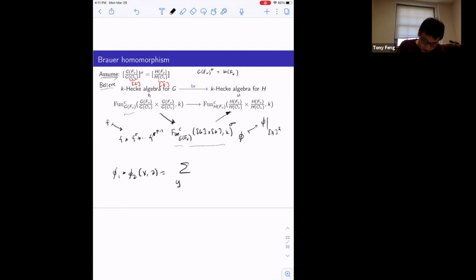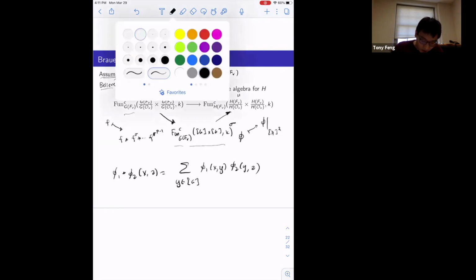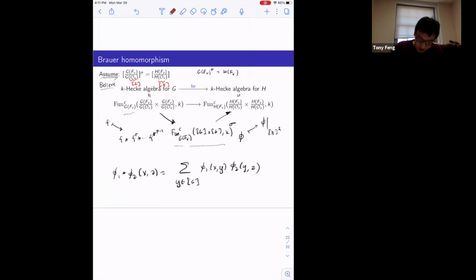Why? Let's just compare what happens when you multiply and then restrict versus what happens when you restrict and then multiply. If you convolve in the Hecke algebra of G, then phi1 convolved with phi2, evaluated on x comma z, is by definition the sum over y of phi1 of x comma y times phi2 of y comma z. On the other hand, if you restrict to H and then convolve, then you really only sum over y in H. Morally I'm going to write restriction to H here, even though it doesn't actually affect the value.